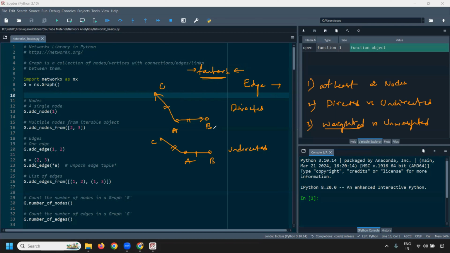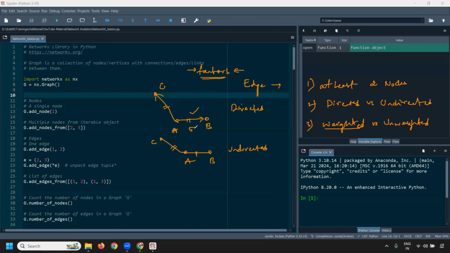For example, say fuel efficiency is something that I want to understand between these routes. Then probably A and B is more fuel efficient compared to A and C. So we can represent that fuel efficiency or fuel consumption between these two routes using weights.